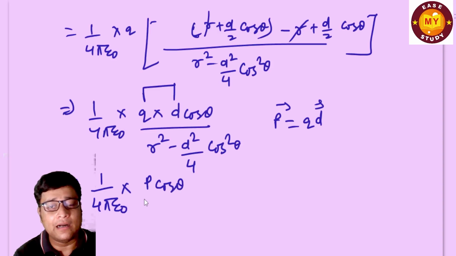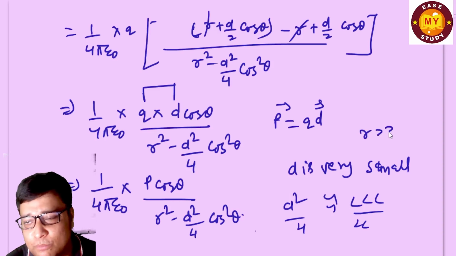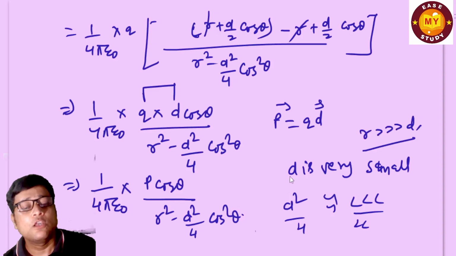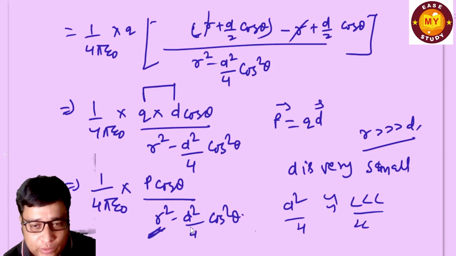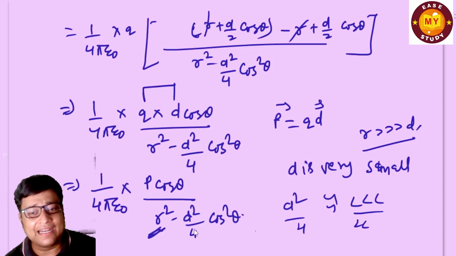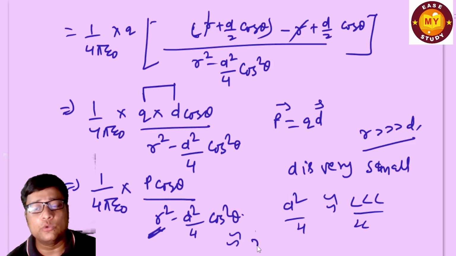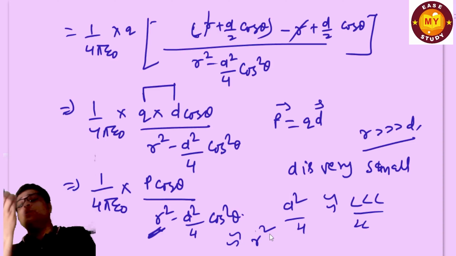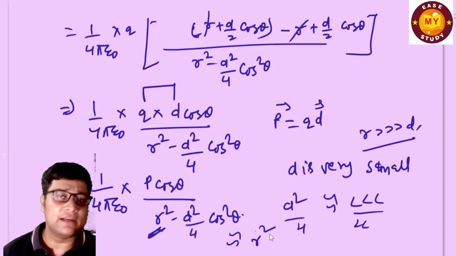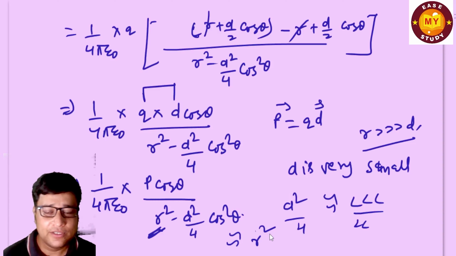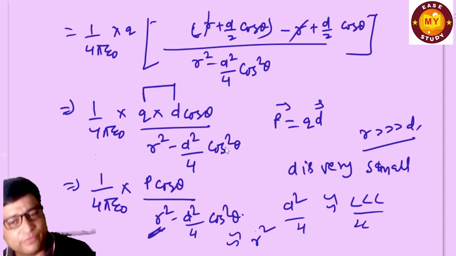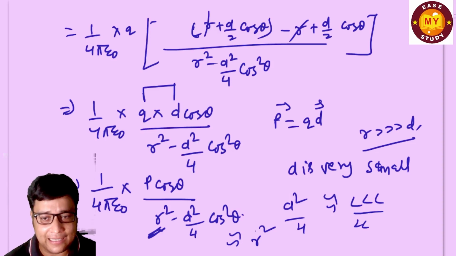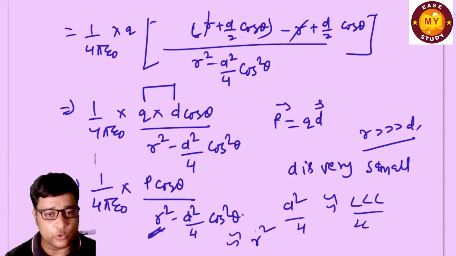So if you subtract, and r is very large, r is much greater than d, you can say that this can be equated to r square simply. If I have infinite rupees and you subtract 1 lakh, it doesn't matter. Something like that, the distance is very large, so you can say that it can be approximated to r square.